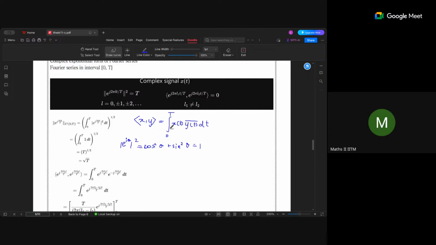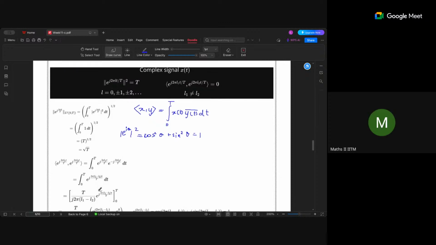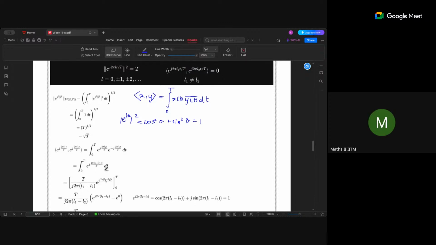The inner product, when you apply this formula, you see that the first term is there, and for the second term you will have the complex conjugate, so j becomes minus j. So now you can take the common terms, and the only thing which is different is l1 and l2. So you have l1 minus l2. Okay, so now you can integrate, right?